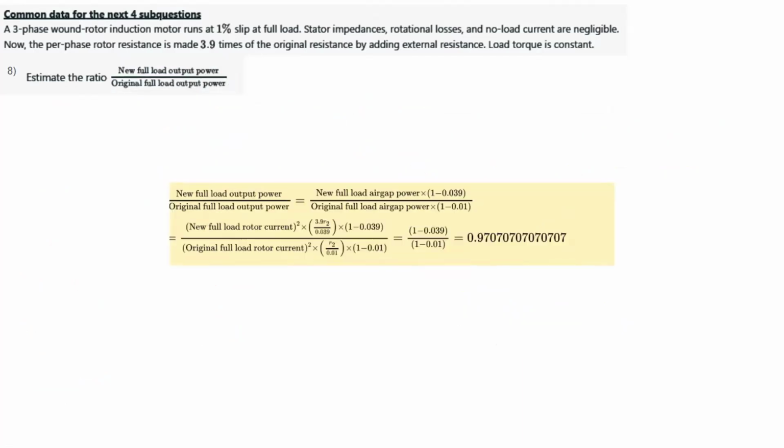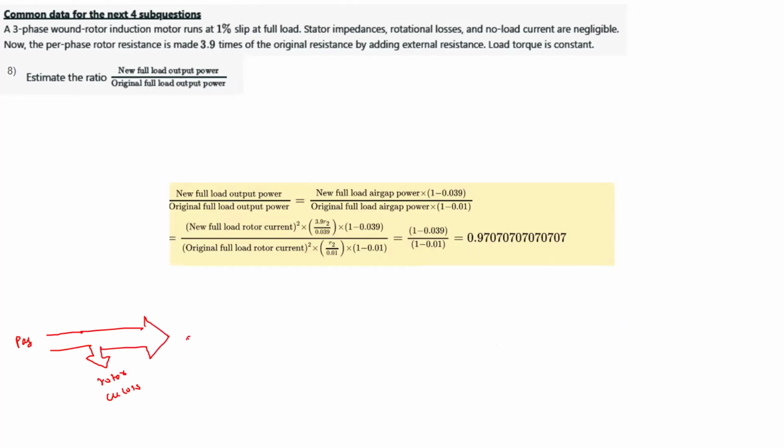Now you have to estimate the ratio of new full load output power to original full load output power. What is the output power? We know our power flow. We have air gap power, and from air gap power you take out the rotor copper loss, so you have the gross mechanical power.